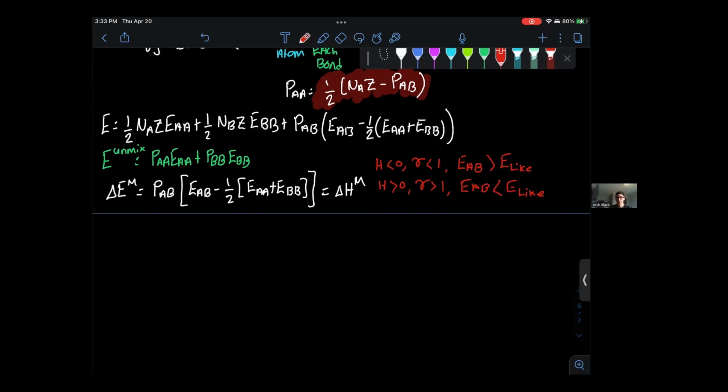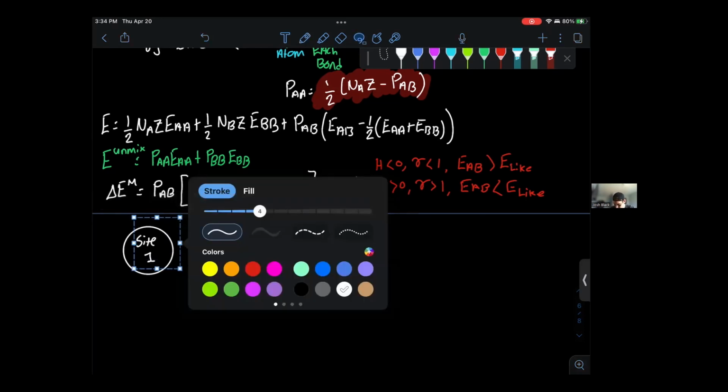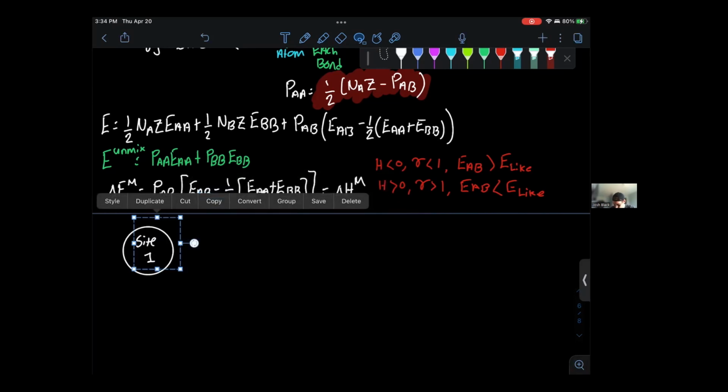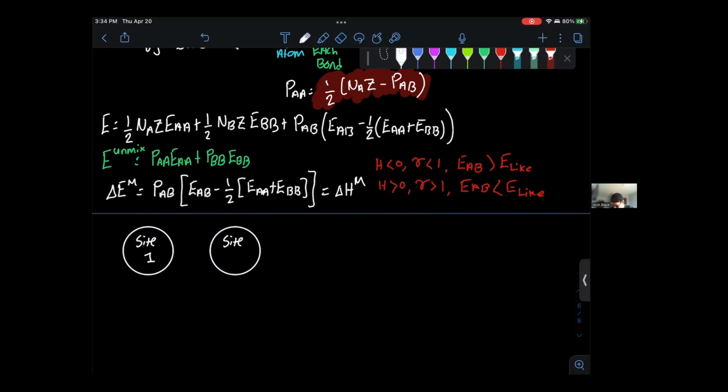Now let's consider the probability of each neighboring lattice site being occupied by each atom. So if we have this circle being site 1, and this one being site 2, and every time I draw an arrow, it's going to be a multiplication symbol.